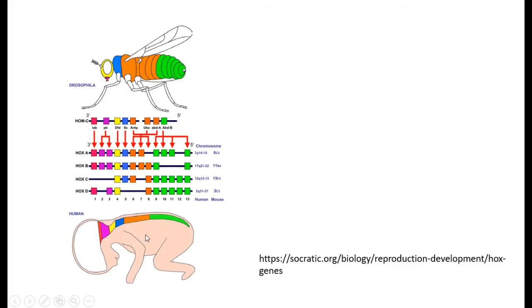So again, this shows that there is a common ancestor to these species. And just to finish on this point, these specific genes have a huge impact on how the embryo and the adult organism will be organized.